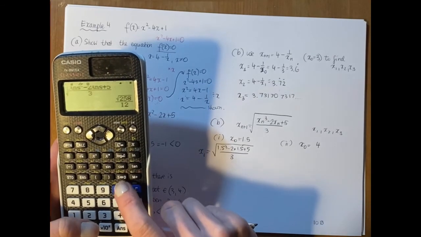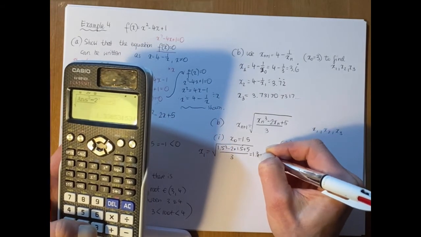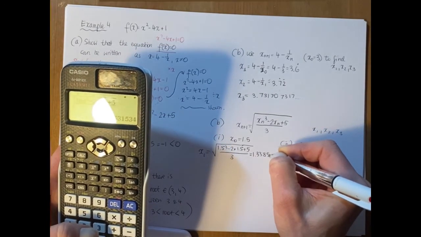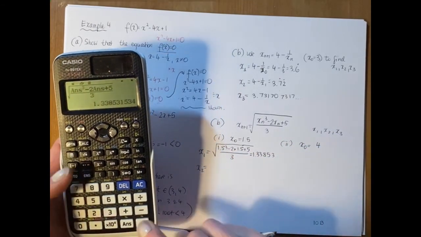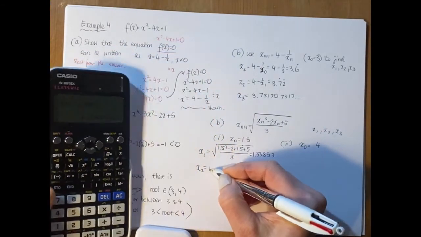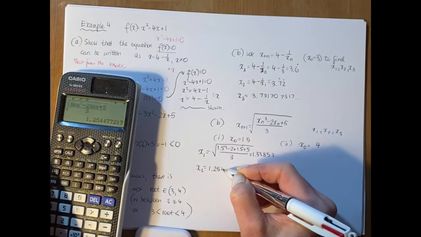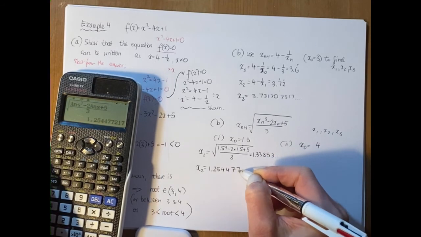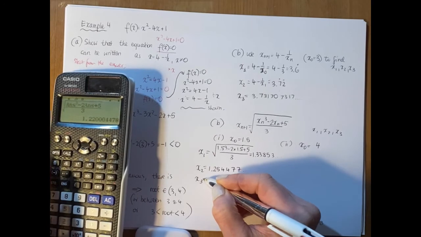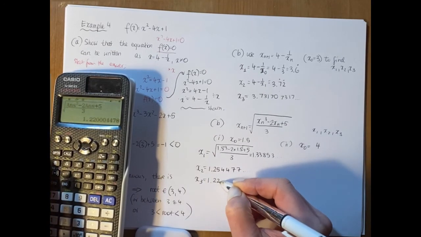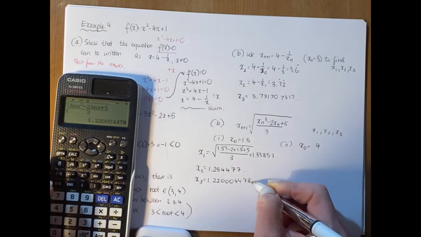Okay, so the first solution is 1.33853. Next one, if I press equals, I'll get 1.2544477, and press again, it's 1.220004478.